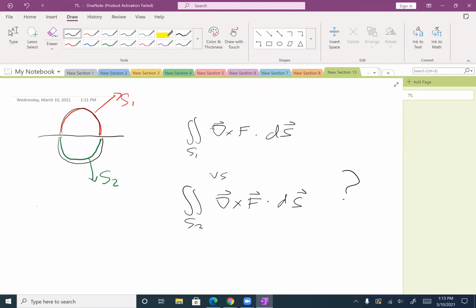The thing here is, again, the orientation. That's why I'm bringing this up, because you have to keep track of these things to make sure you don't have a minus sign going around here.